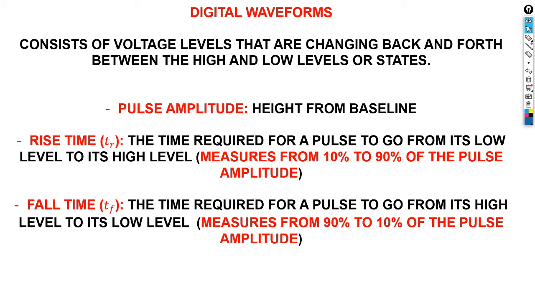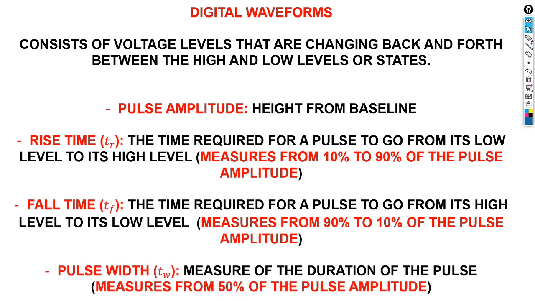of the pulse amplitude. So when we talk about this measurement, it is when our waveform is not ideal, a non-ideal waveform. The pulse width is the measure of the duration of the pulse. How long does our pulse take from higher level to the low level? So that gap is what we call our pulse width.